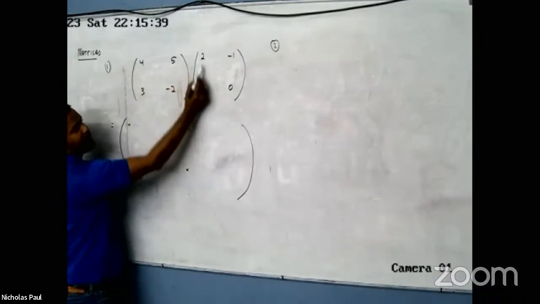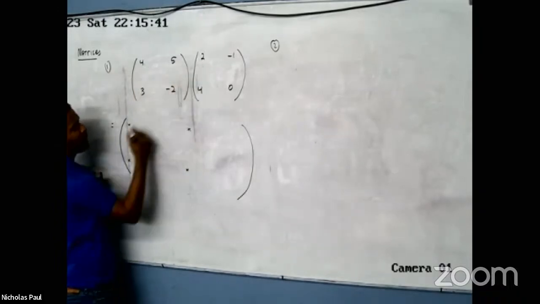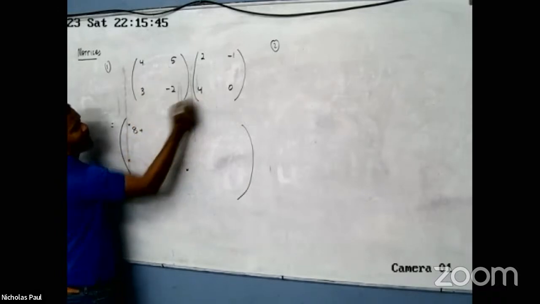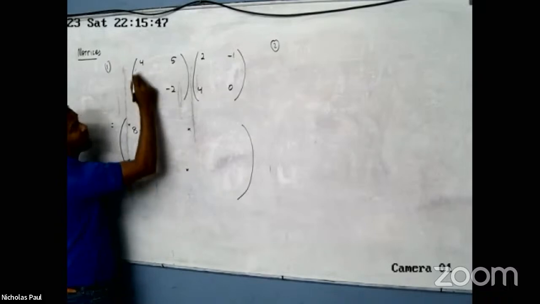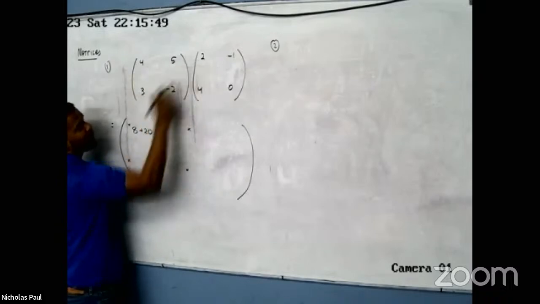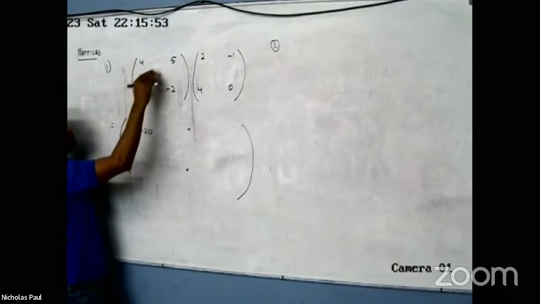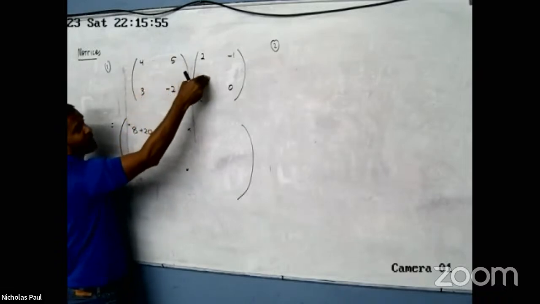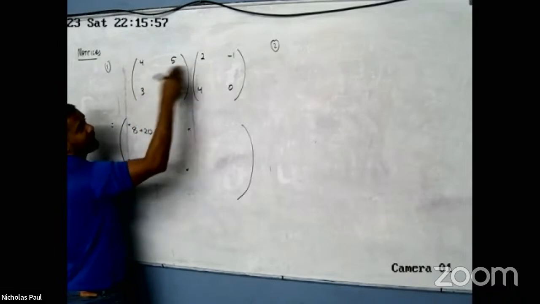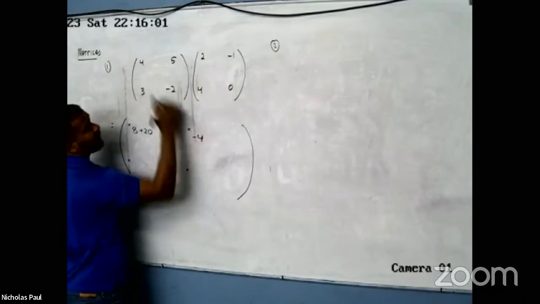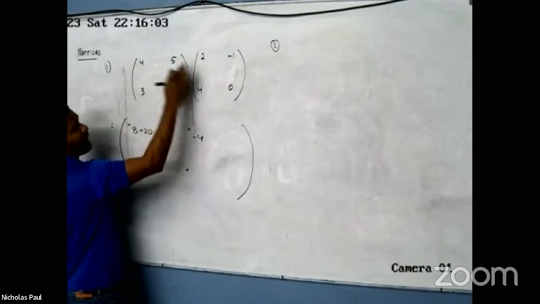First row by the first column. So it's 4 by 2, that's 8. Plus 5 by 4, that's 20. So it's this by this. 4 by 2 is 8, 5 by 4 is 20. Okay? I'm done with the first row and the first column. Now first row, second column. 4 by minus 1, 5 by 0.